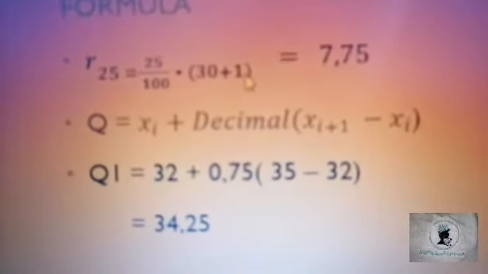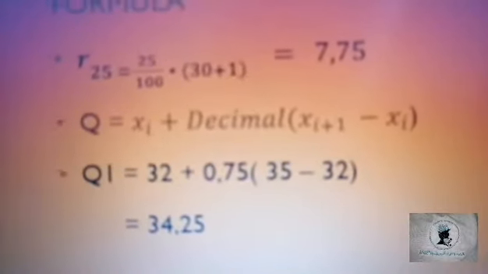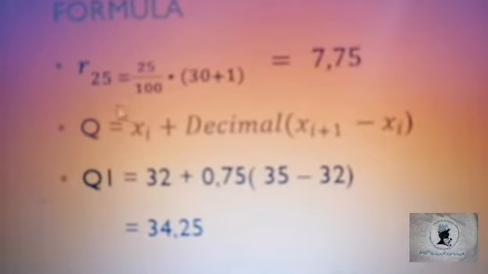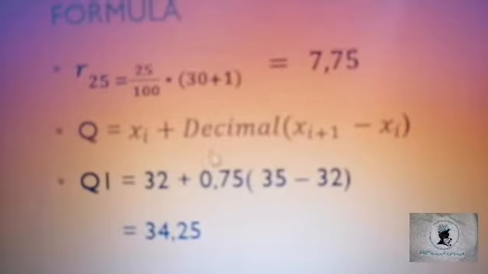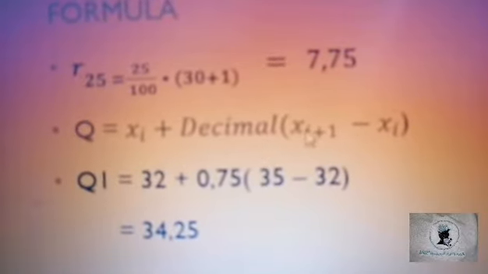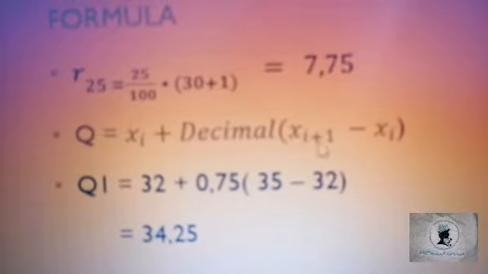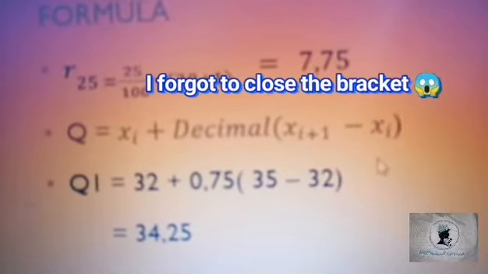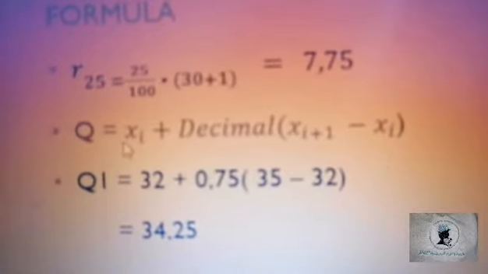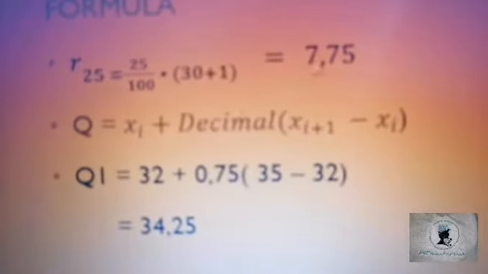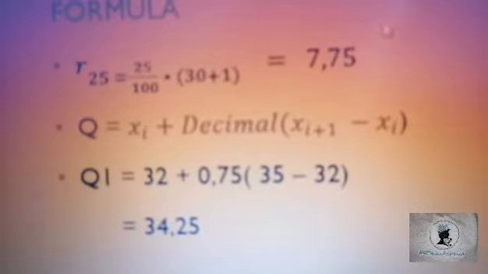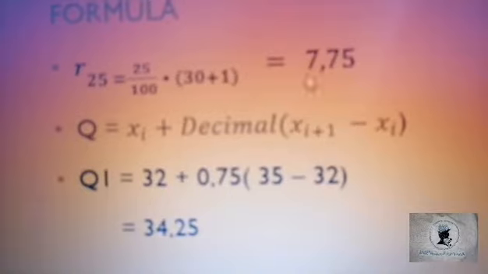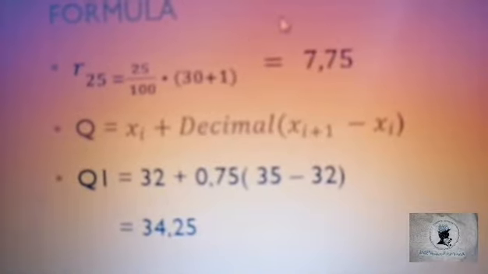So we are going to use this formula which says any q equals xi plus decimal times open bracket xi plus 1 minus xi. I'm going to explain the formula. In this case, i is the whole number of your solution. From this solution, i equals your whole number, so in this case, i equals 7.